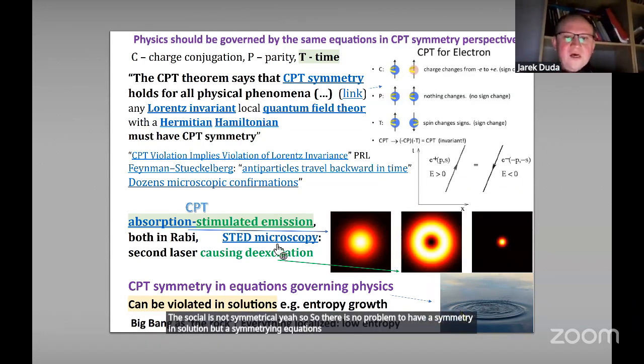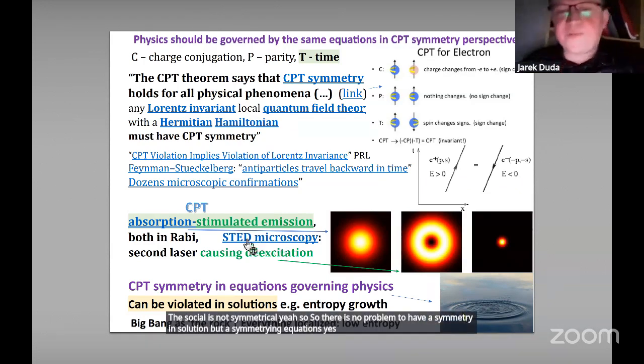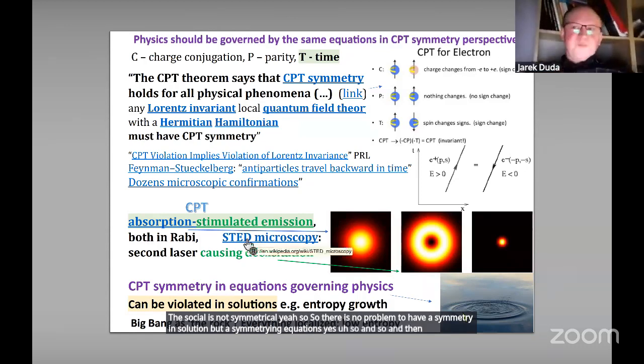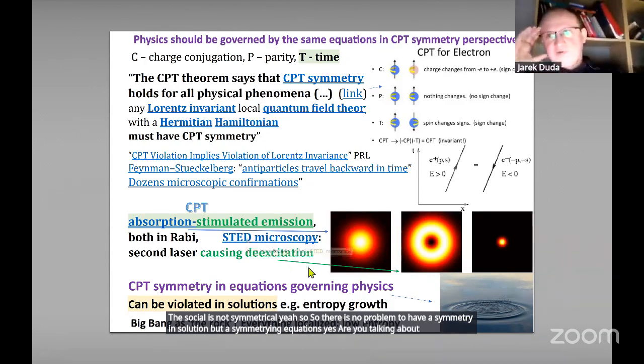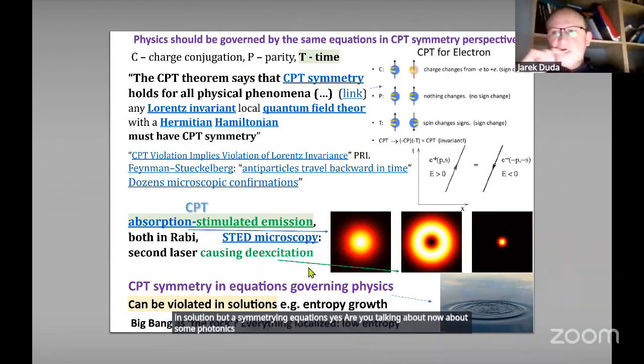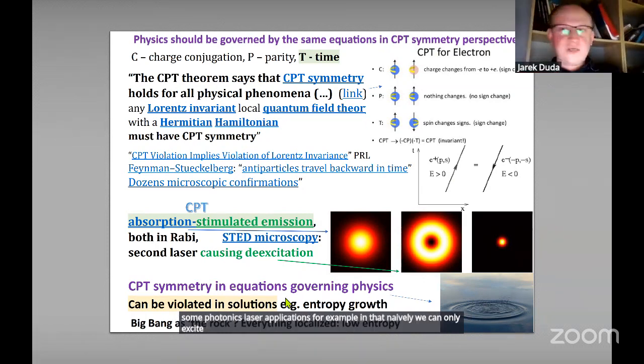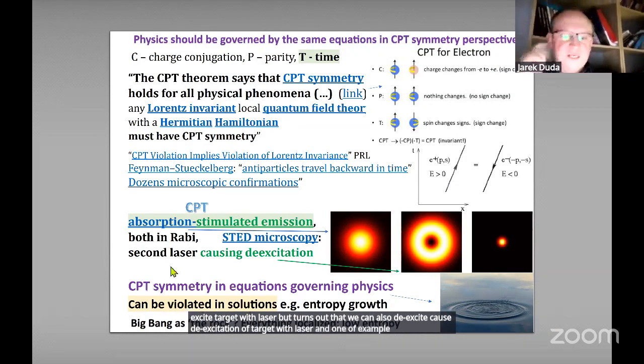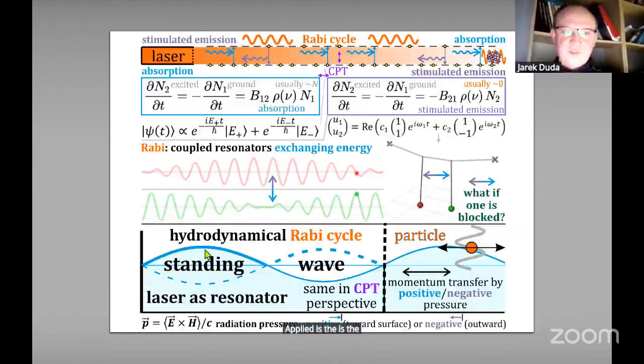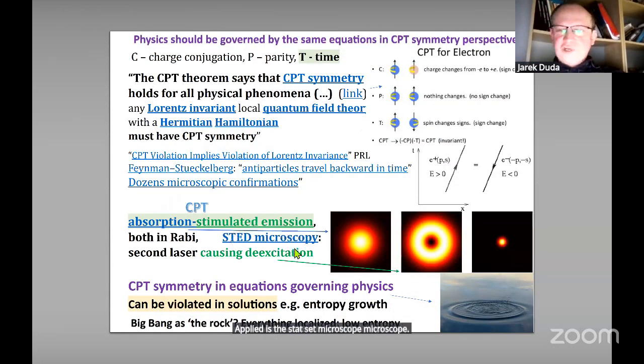Now I will talk about some photonics and laser applications. Naively we can only excite a target with a laser, but it turns out that we can also cause de-excitation of the target with a laser. One example application is the STED microscope. In a STED microscope there are two lasers.